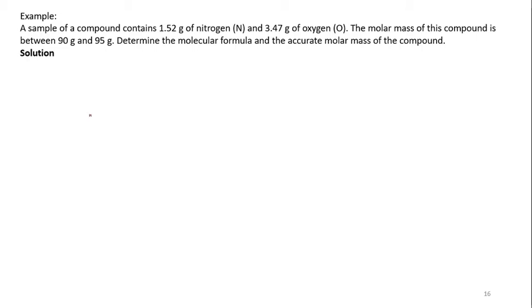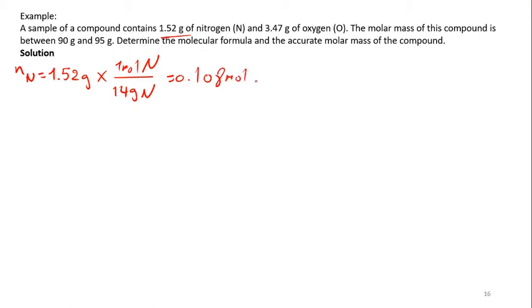So first, I can know the number of moles of nitrogen, which is 1.52 grams multiplied by, the 1 mole of nitrogen actually contains 14 grams of nitrogen, and that would be equal to 0.108 mole nitrogen.